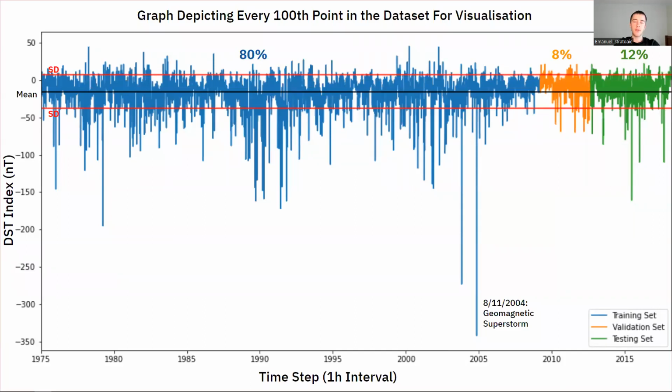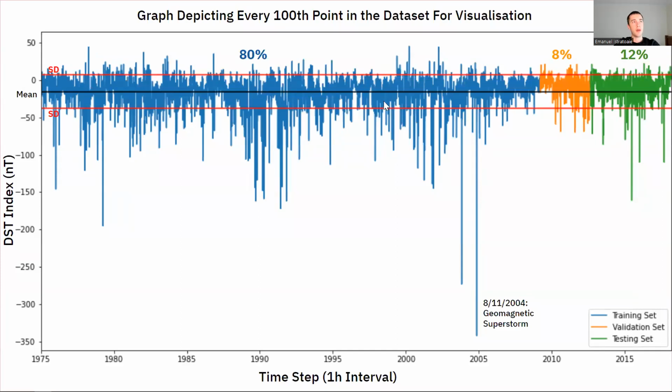Here is a graph that depicts the DST index for the period 1975 to 2018. It is a sample using every 100th data point. The mean is shown in the black horizontal line, and the single standard deviation from the mean in the red lines.